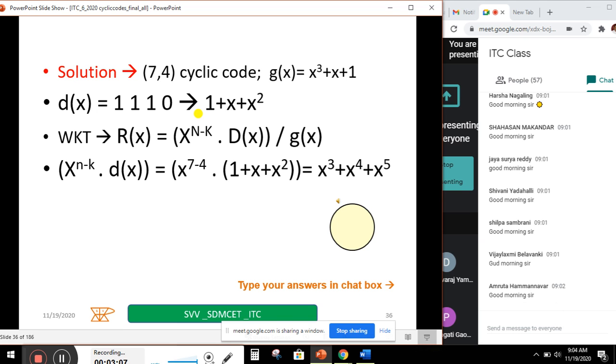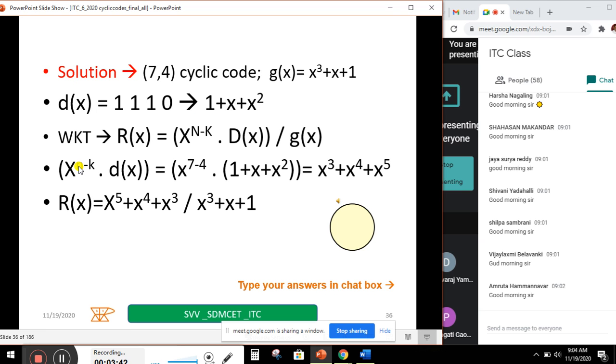You will get x cube plus x^4 plus x raised to 5. Sometimes I may use a capital D, sometimes a lowercase d, both are the same, don't get confused. Now R of x equal to x raised to 5 plus x raised to 4 plus x cube whole divided by g of x, which is x cube plus x plus 1.